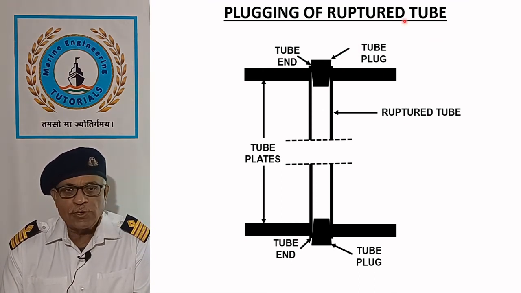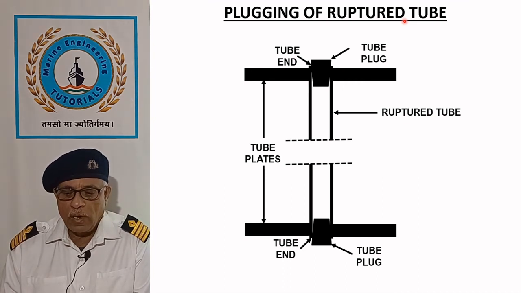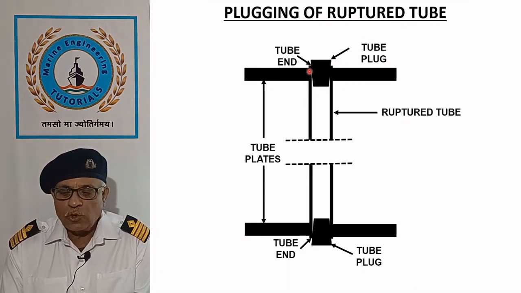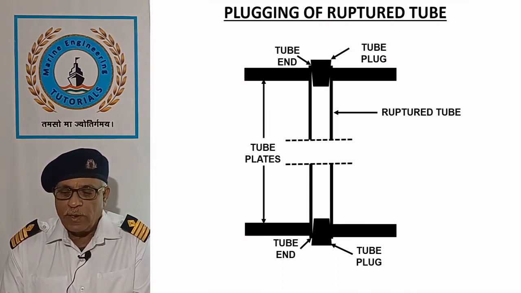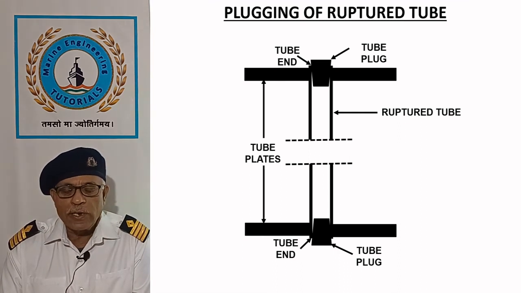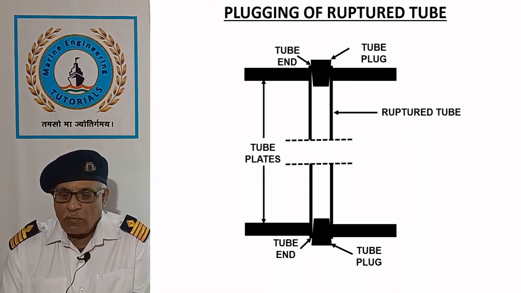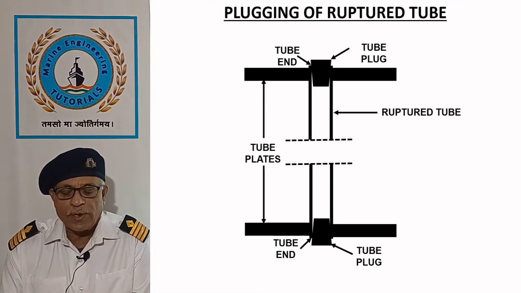Plugs may be additionally welded to the tube end. After isolating the defective tube, water is filled up in the boiler and check that plugged tubes are not leaking. Boiler can then be flashed up and brought up to the working pressure.